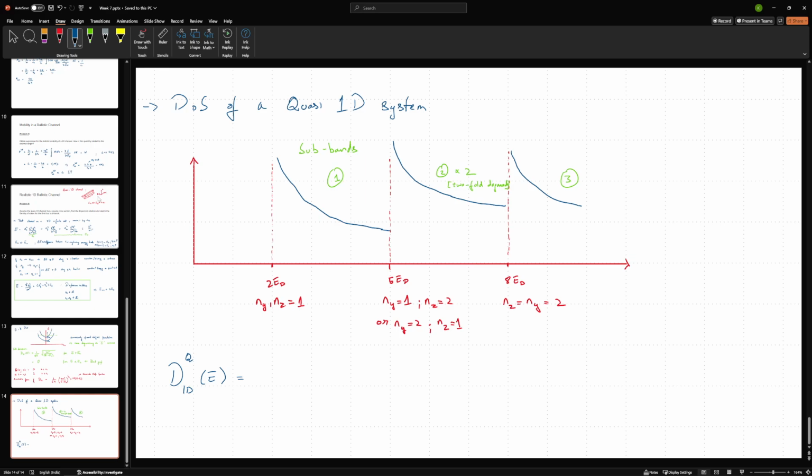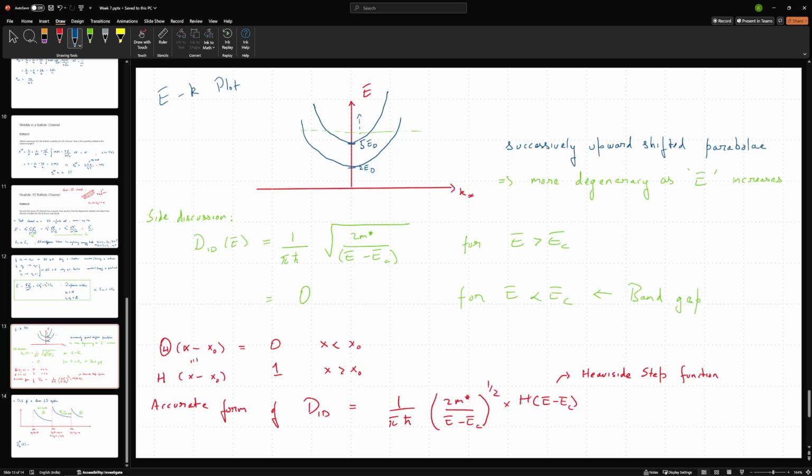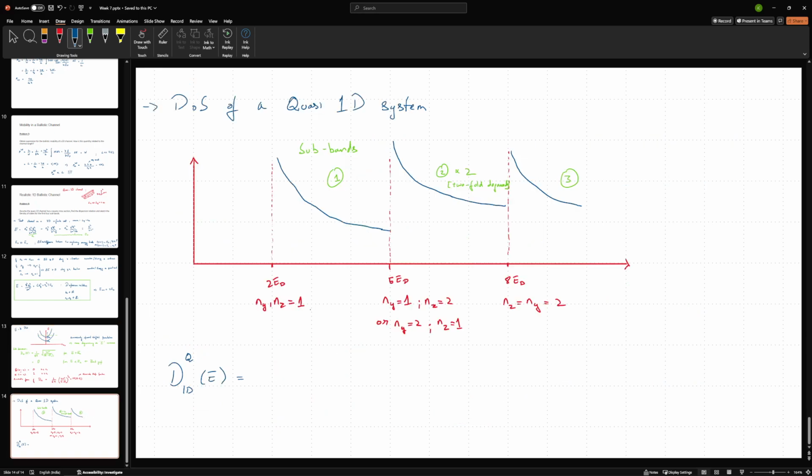So for each subband, I will need to define the Heaviside step function. So instead of writing this as 2 ED, let me from now on define this as E1, this as E2, and this as E3. Essentially the minima of the ith subband, I will have some Ei.